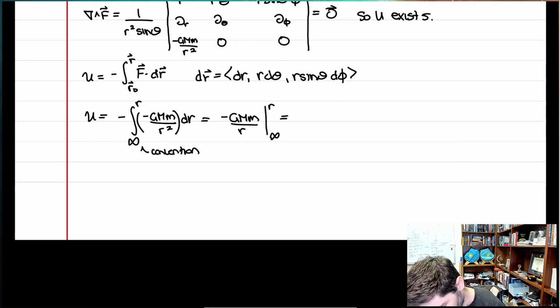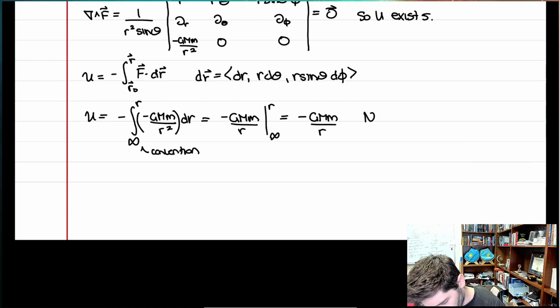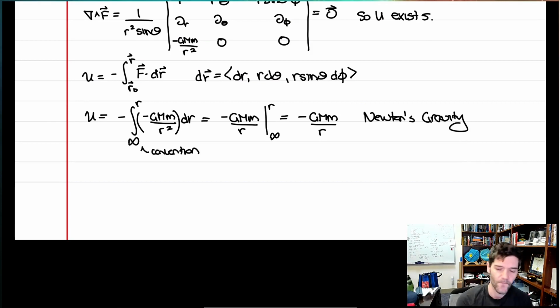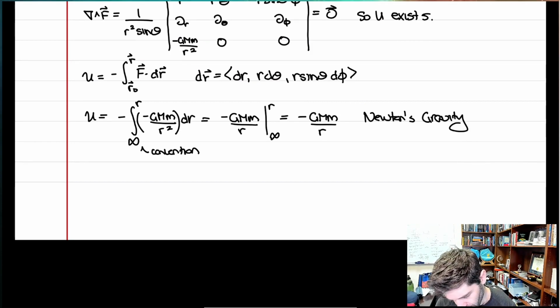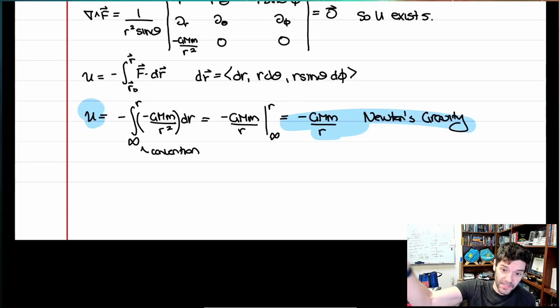And then I get negative G M little m over r, because I'm subtracting from that something where the denominator is infinity. And this is for Newton's gravitational force effect. Let's see, it's probably worth a highlight. So ultimately, the potential energy is negative G M m over r, using the convention that infinity is where we're saying this particular potential energy vanishes.